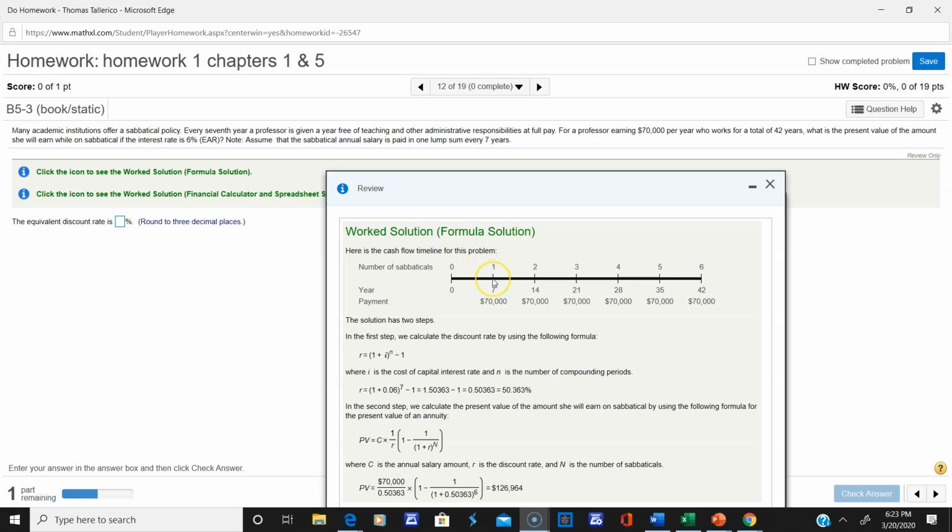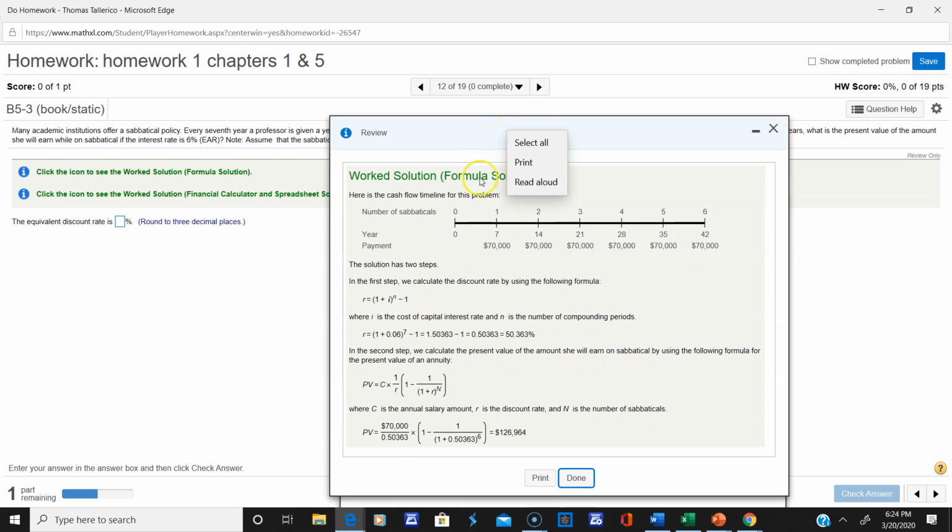She gets a sabbatical payment the 7th year 6 times. So we're basically going to take the 6 payments and get the present value, just like we do with lotto. I'll show you the equation first. This is an excellent problem, and the person who sent it to me has excellent points.